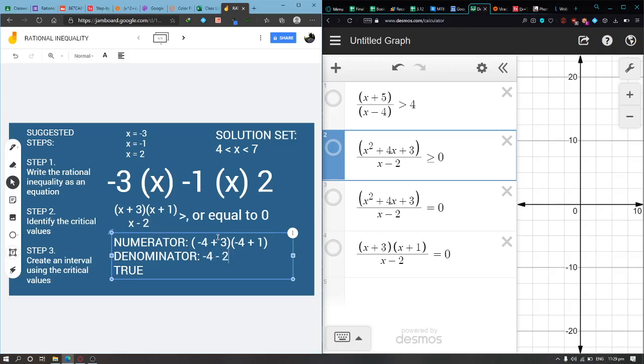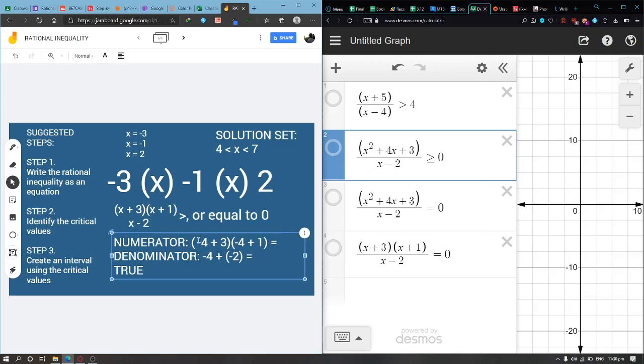Minus 2, tama? Minus 2. So, since minus 2 yan, change na natin yung sign. So, from subtraction, gagawin natin addition. From positive, gagawin natin negative. Yan. So, minus 2. Then, equal sign. Okay. So let us solve.